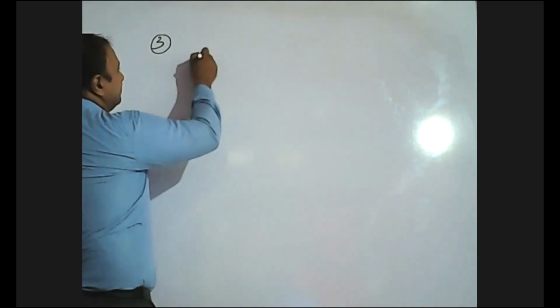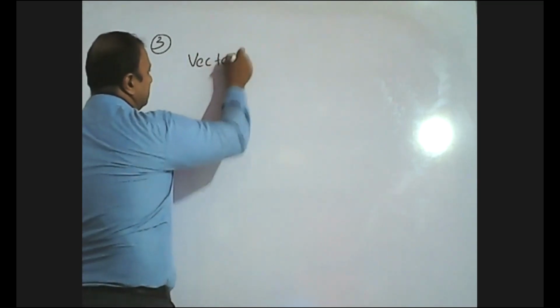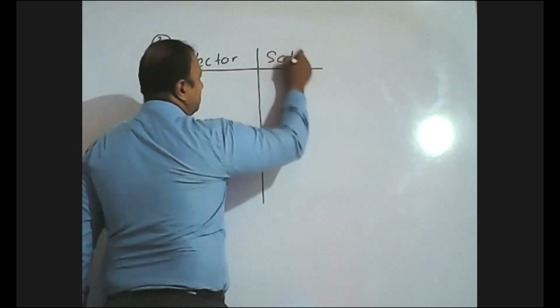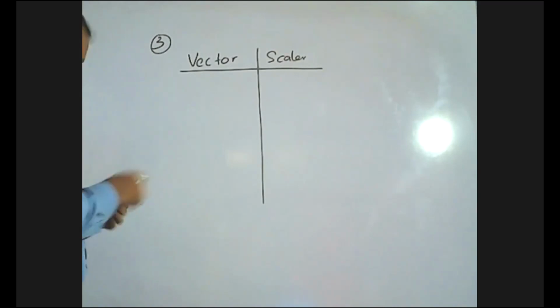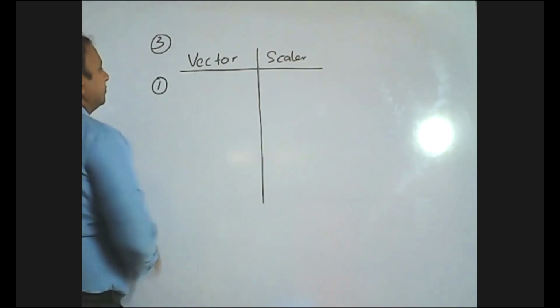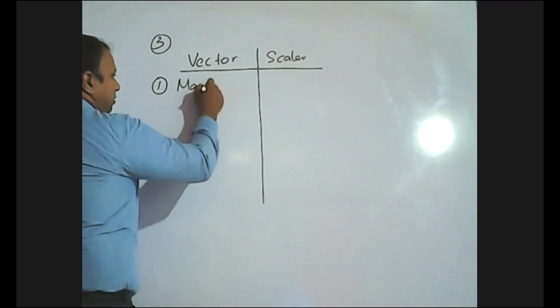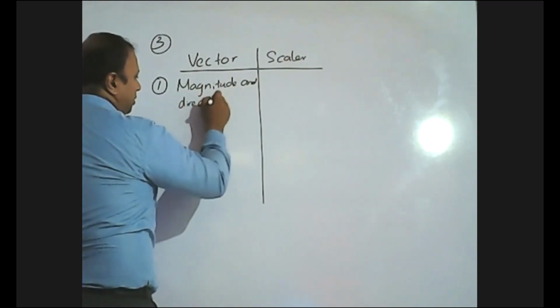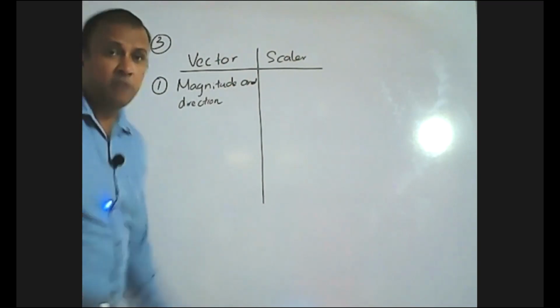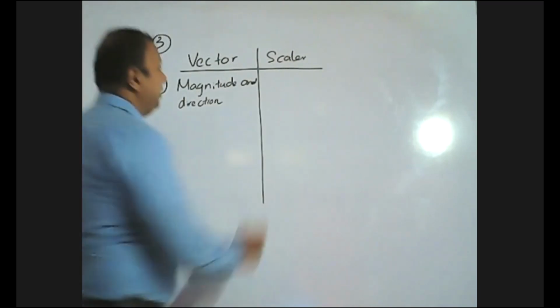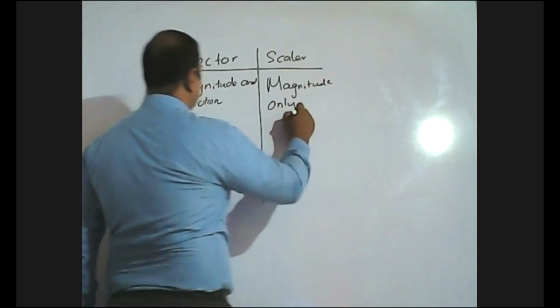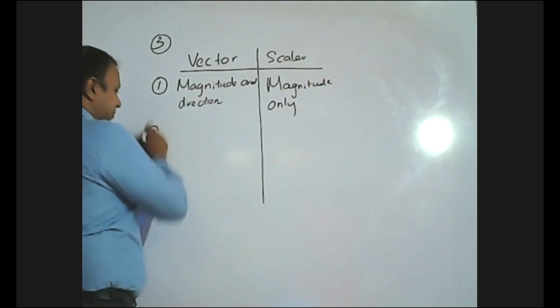Vector, scalar. The first one: a vector quantity has a magnitude and a direction, but a scalar quantity has a magnitude only.